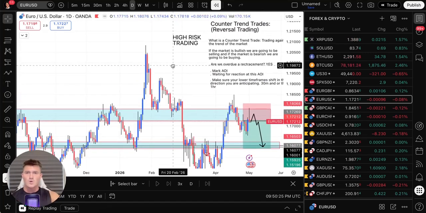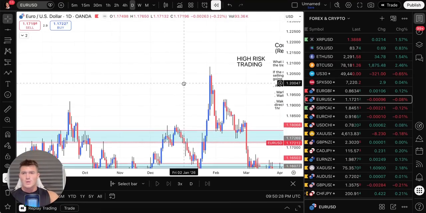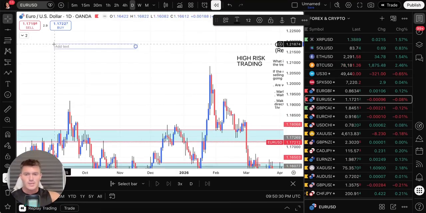So just to kind of go over a few patterns that indicate that we're reversing, that price is reversing, patterns that indicate reversal.